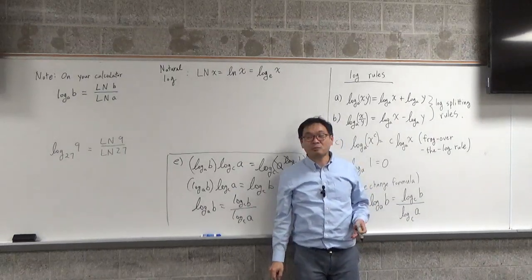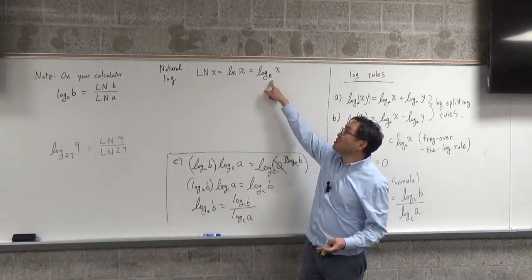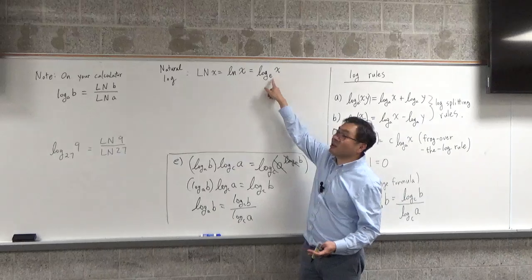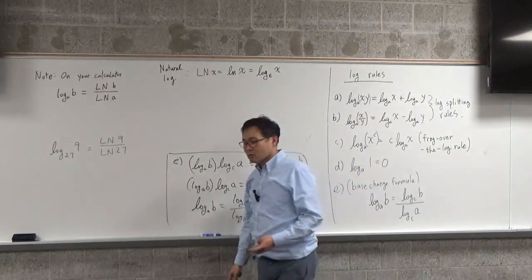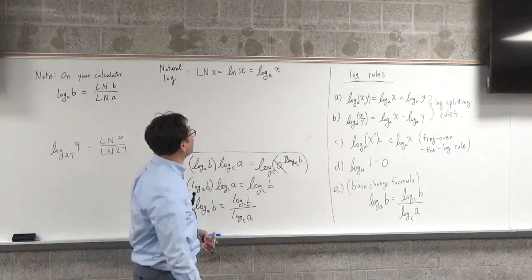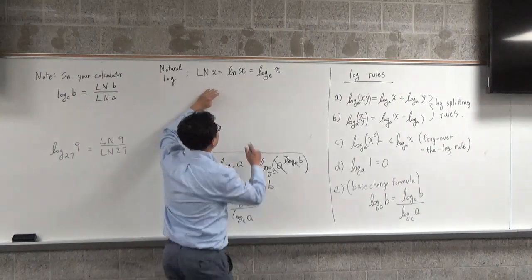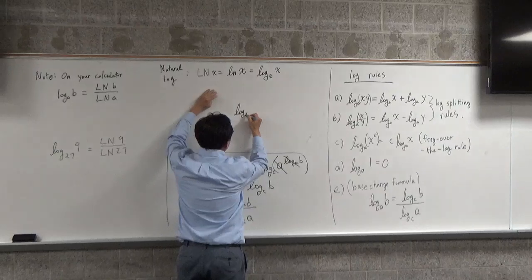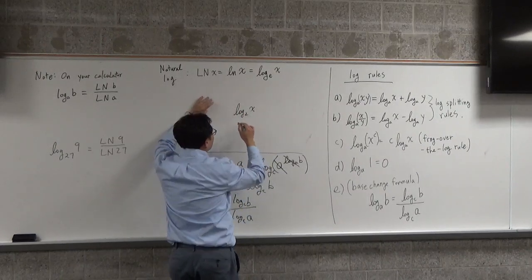So that special number, because it's so important, a log that has this number as base is called ln of x. And the reason that's so important is because when you get to calculus, this is a lot easier to differentiate than, say, log base 2. This is for somebody who has seen derivatives.